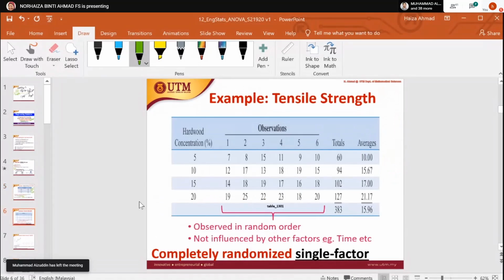What about this one? This is another example. Our observations here are the tensile strength. What is the treatment that's being applied? What is the factor in this experiment?